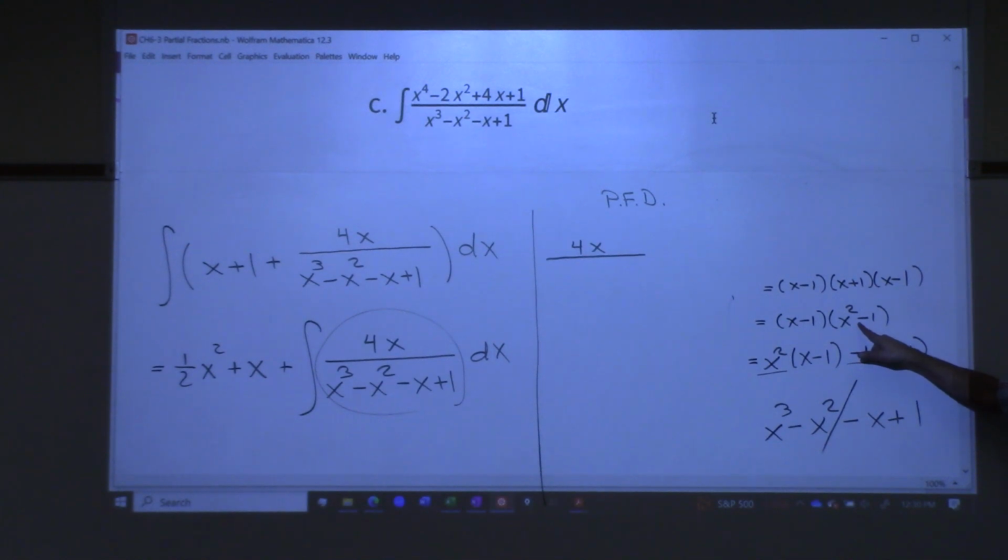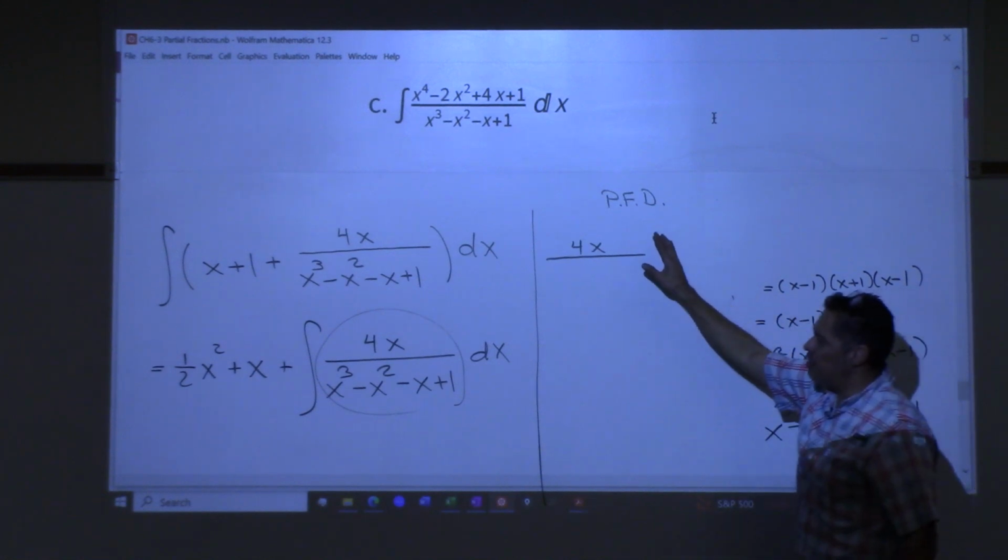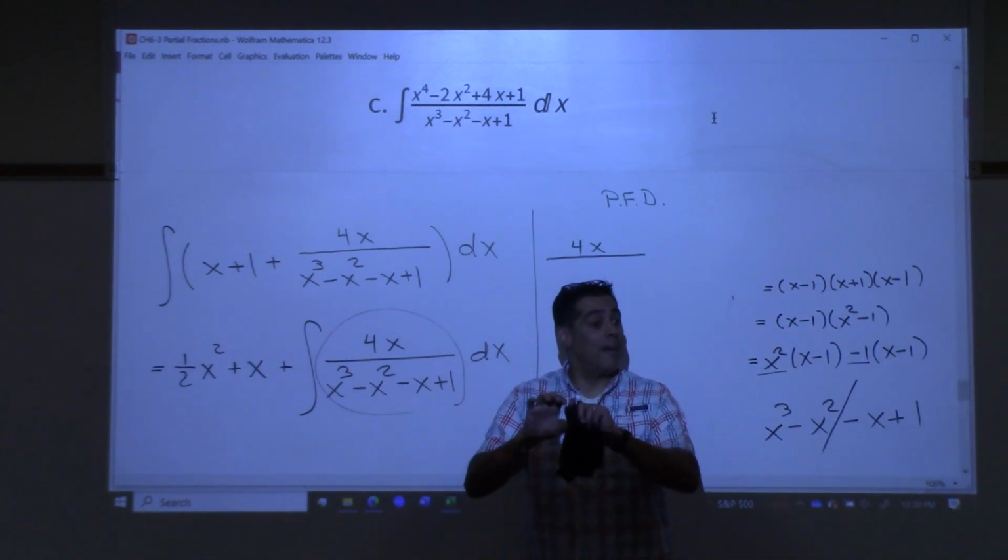It doesn't have to be linear, but do you see that I have a repeated linear factor in here? I have x minus 1 twice. If you don't factor that, you're going to miss that. So when you do this step of partial fractions, you look at the denominator and you have to factor it completely.